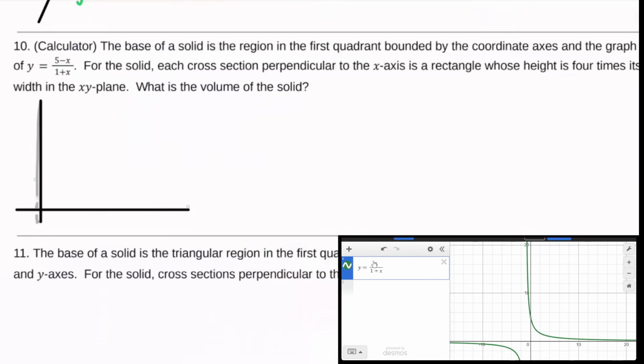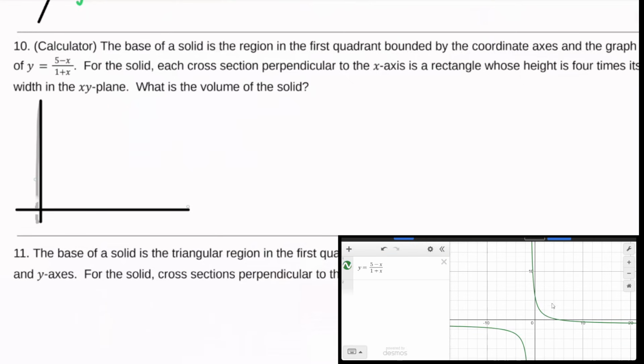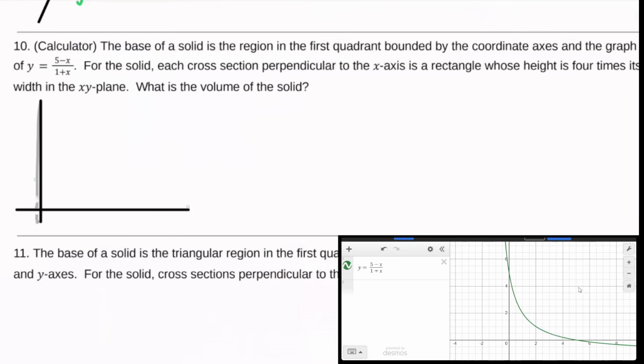So that's 5 minus x over 1 plus x. There we go. All right, so if I zoom in on the action there, let's see what's going on. Got kind of something like that. I might take note of the intercepts. That would be 5 and 5. Yeah, that makes a lot of sense, thinking about the graph and the equation.